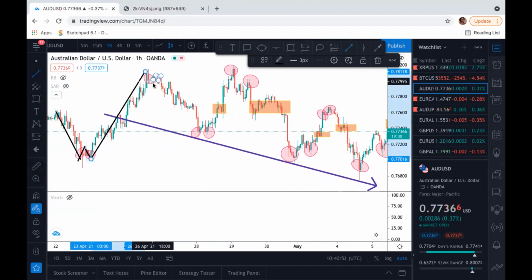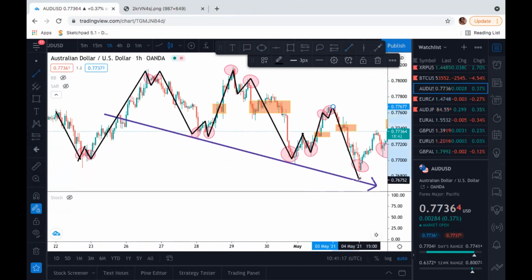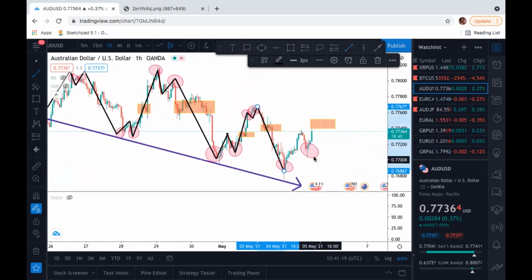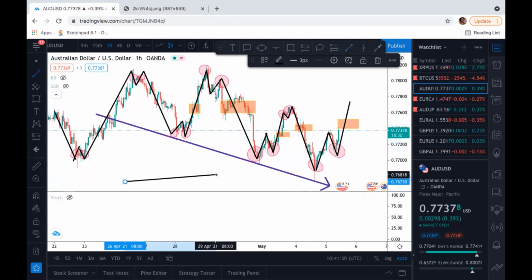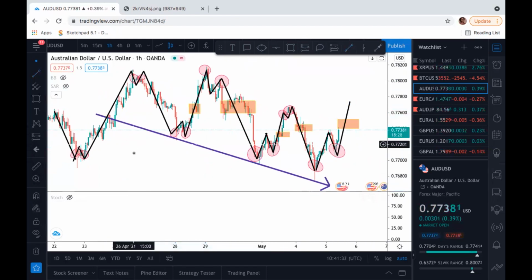If you're not able to see it still, I don't know what to tell you, but it's clear. See what it's going to do there. Now, are you able to see the M's and W's? You see, this is a W, this is an M, this is a W, this is an M, this is a W, this is an M, W, M.